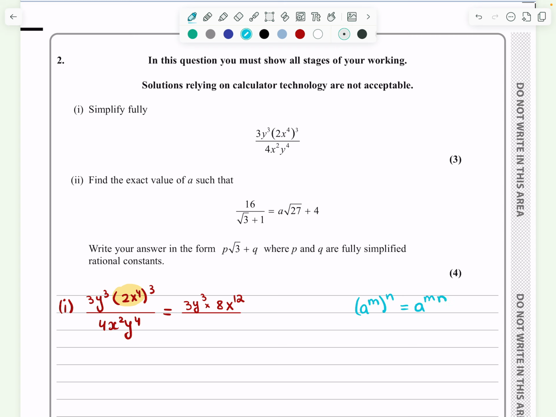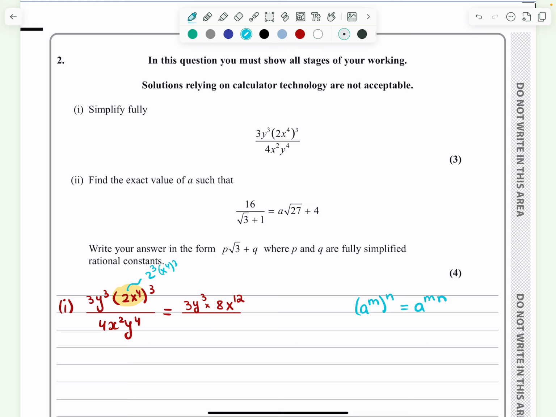The same happens here. 2 has the power 1, so we get 2 cubed, as well as x to the power of 4 cubed. That's the reason I'm writing it directly as 8x to the power of 12.